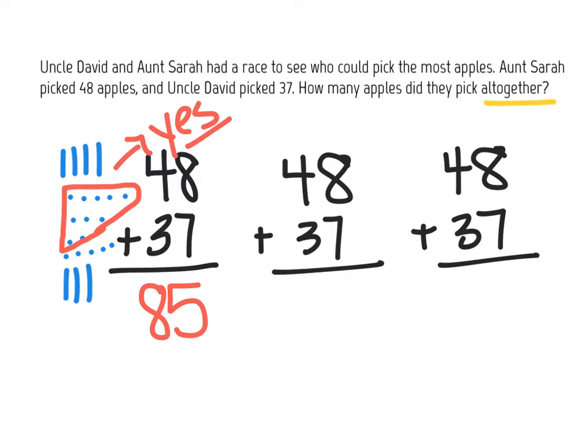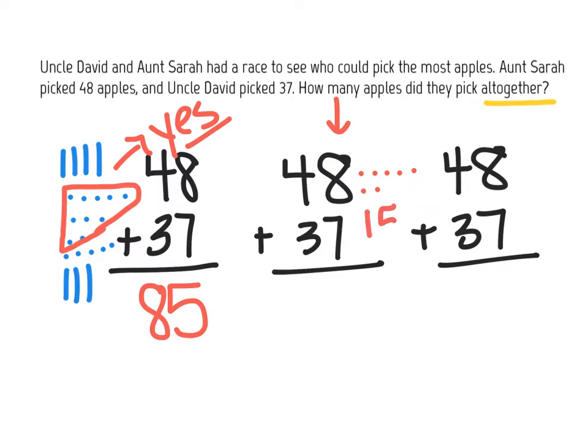All right, over here on the middle one, I'm going to do new group below. 48 plus 37, and I just realized I didn't leave enough room here to do my building method, so I will do that also. 48 plus 37. Okay, so I'm going to start here in my ones. 8 plus 7, so 8, 9, 10, 11, 12, 13, 14, 15.